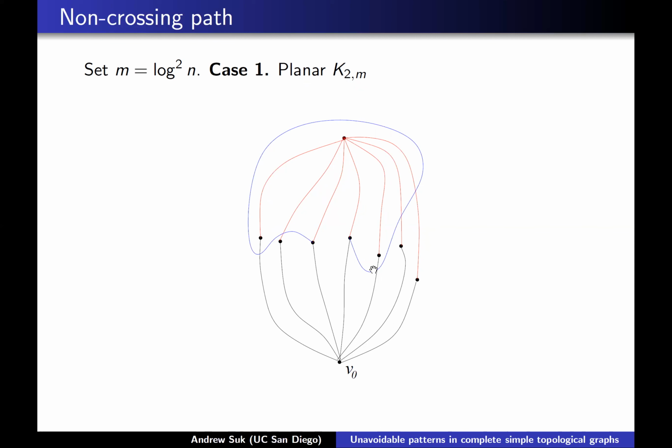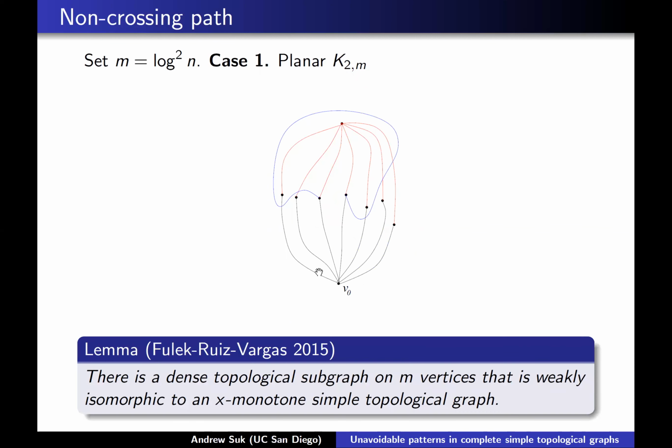Once you have this nice structure, it's not hard to show, and this was observed by Fulek and Ruiz-Vargas, that you can find half of these blue edges, a dense topological subgraph on these m vertices that's weakly isomorphic to an x-monotone simple topological graph.